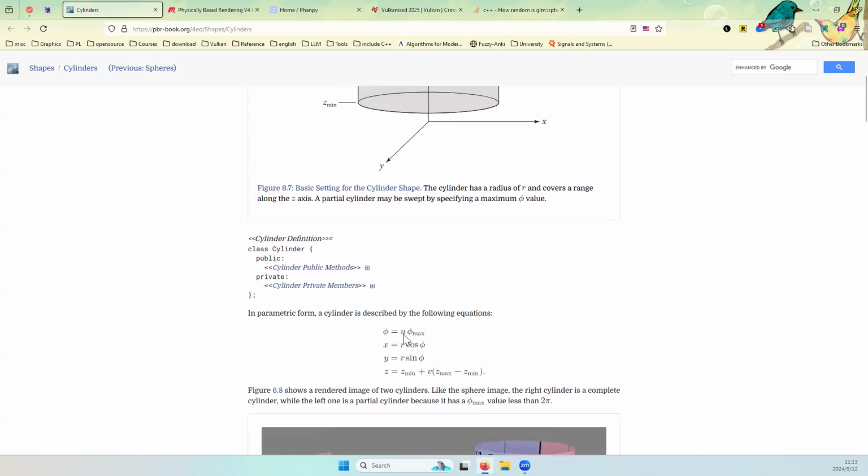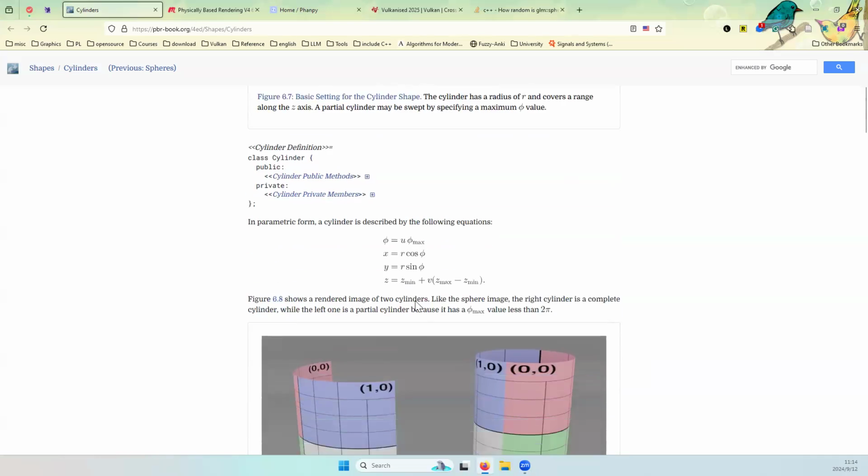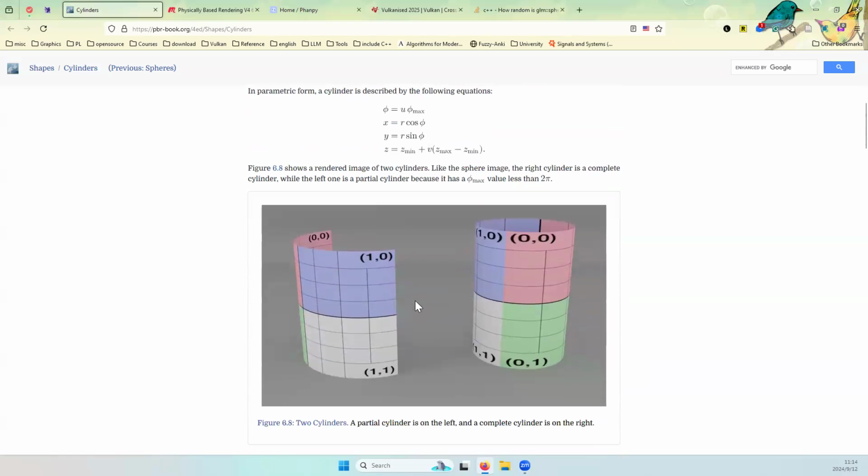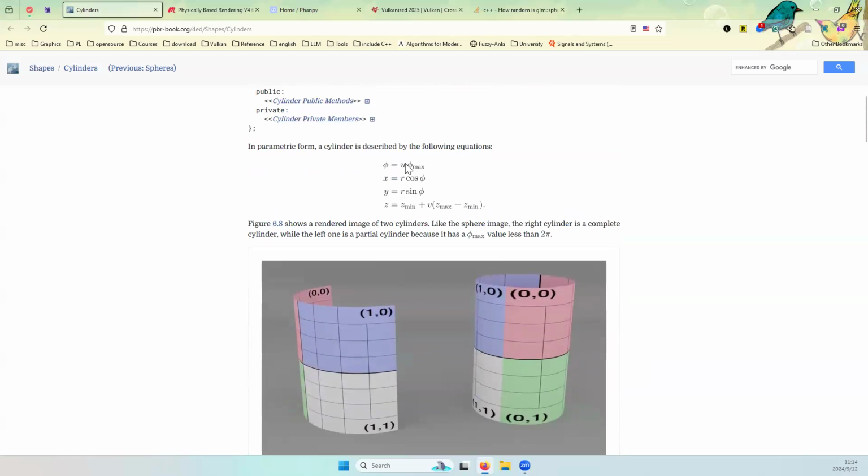Phi is u times phi max. What is u? Is that the UV coordinate? I think it's probably just how they map the texture onto the cylinder.